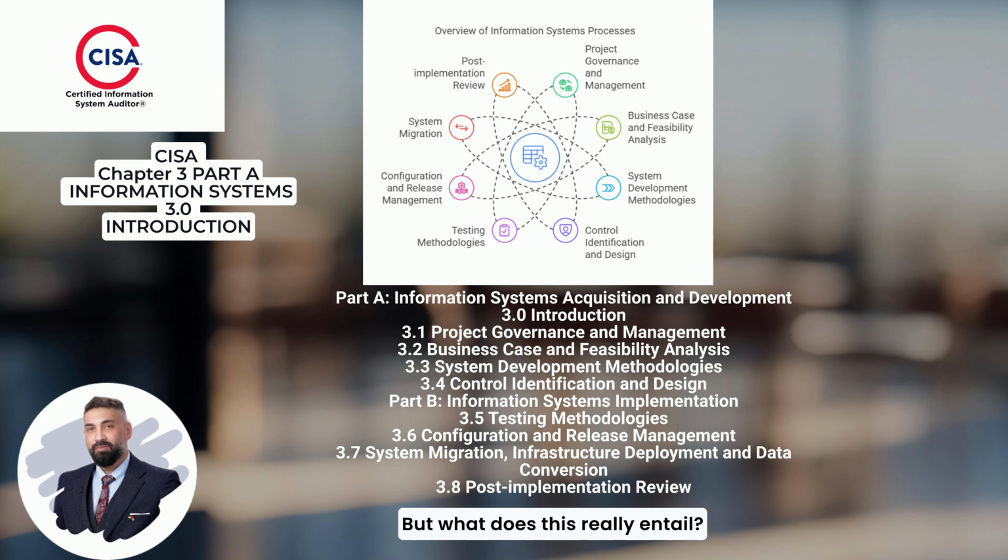But what does this really entail? First, there's project governance and management, the overarching framework that ensures each project within the system's lifecycle is aligned with organizational goals. Think of this as the blueprint that guides construction. It outlines resources, timelines, risks, and controls.